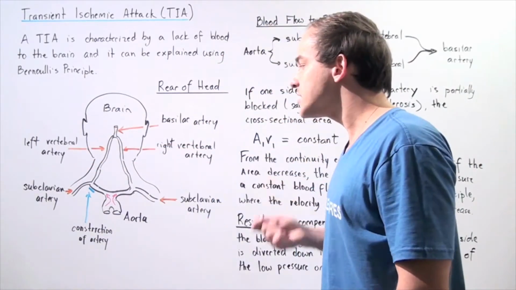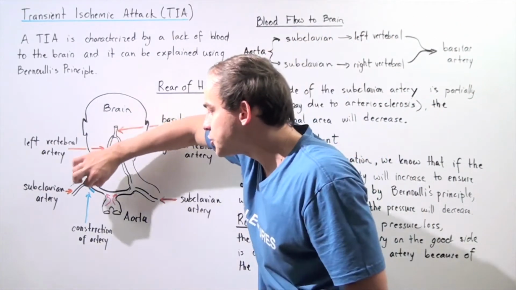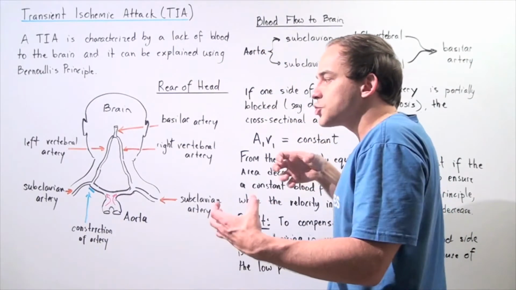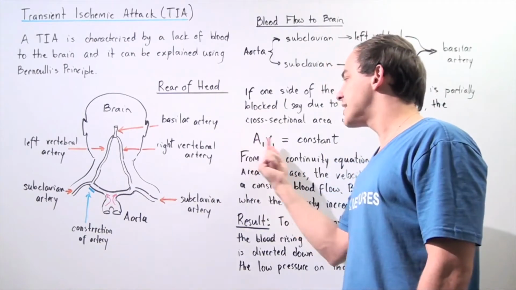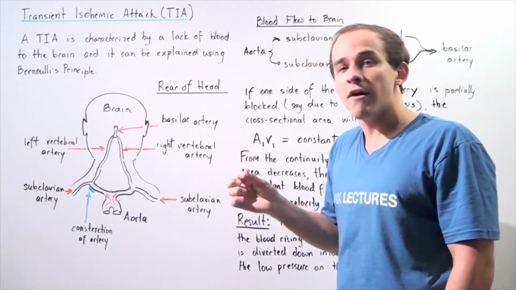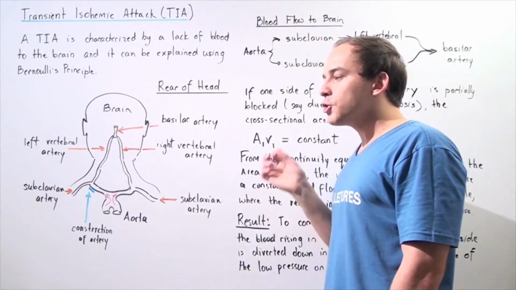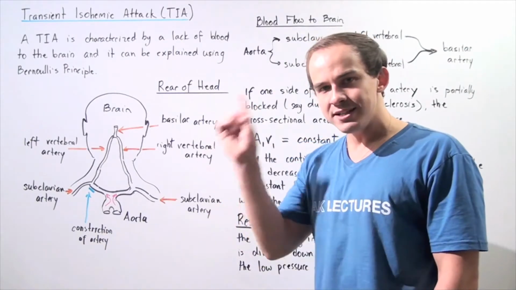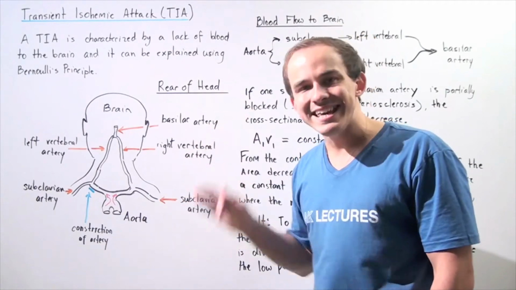Because of arteriosclerosis, we have a constriction of this section of our artery. That constriction decreases the cross-sectional area of that region, and that increases the velocity of the blood within that region. Recall that Bernoulli's principle states that where the velocity increases, the pressure within that blood vessel must decrease.